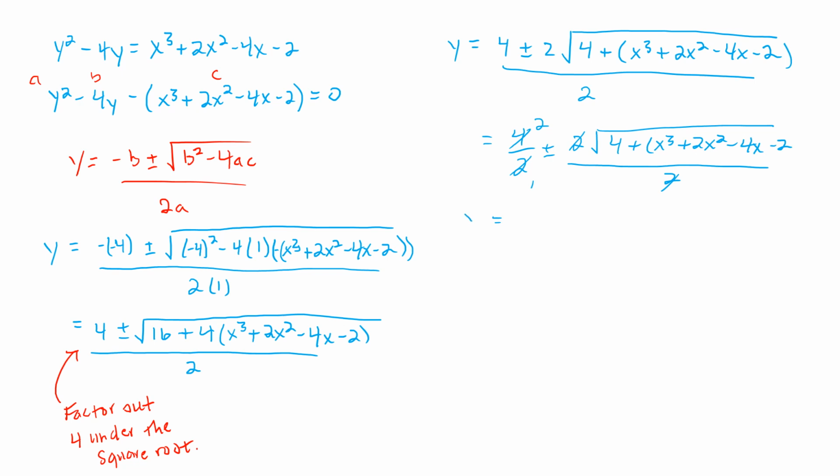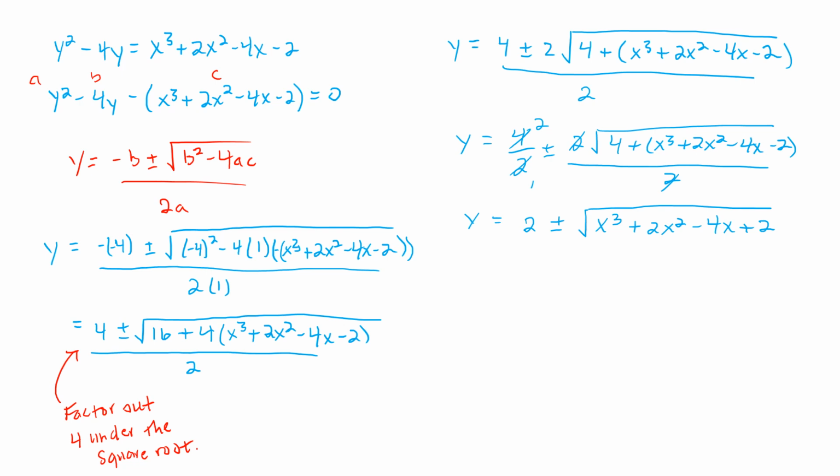So now I have 2 plus or minus the square root, and I can combine like terms here. So I can drop the parentheses. So 4 minus 2 is just 2. So x cubed plus 2x squared minus 4x plus 2.